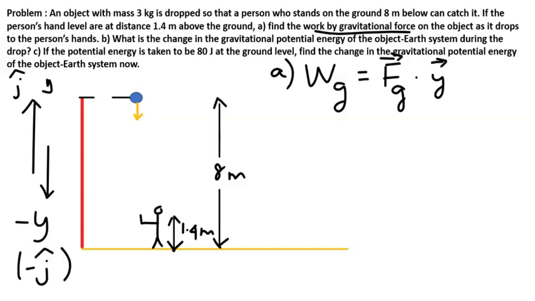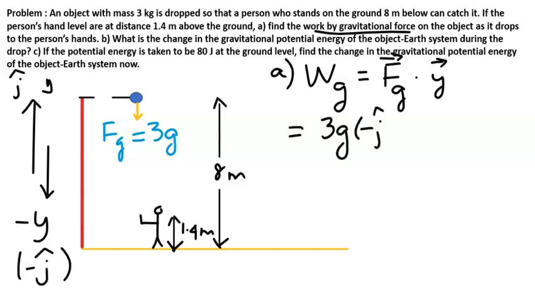So what is the gravitational force acting on this object? The weight, that is. And it is quite simply the mass 3 times gravity. So the work done by gravitational force is 3g in the direction of minus j hat, because the weight always acts downwards, dotted into displacement.